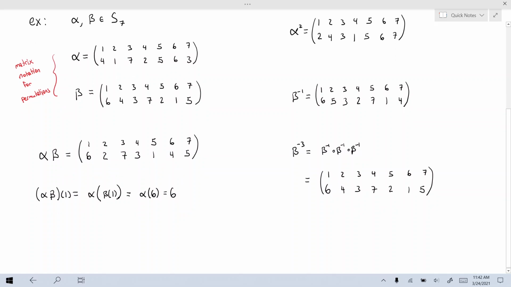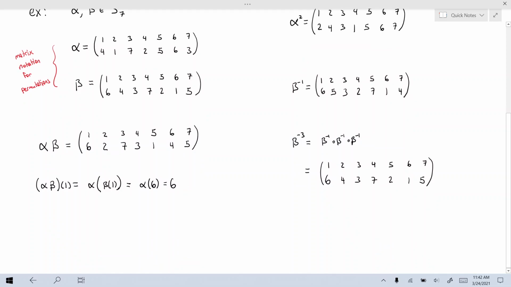All right. Let's just do one more. Since we've computed alpha squared and we've also computed beta to the power of -3, let's say we wanted alpha squared times beta to the -3. Okay, so let's see here.